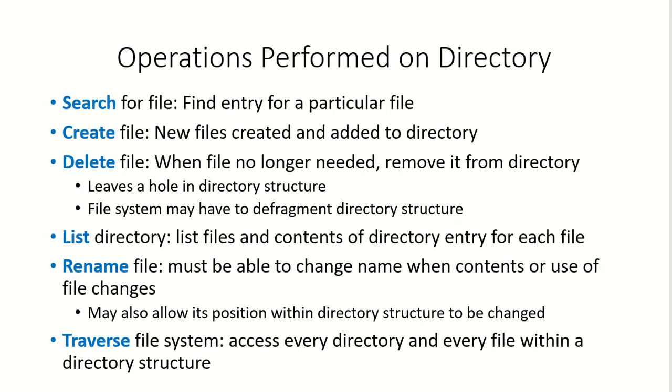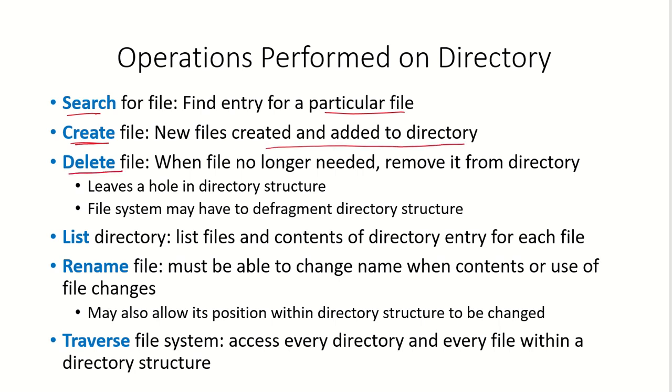So what are the operations which are performed on the directory? We can search for a file, that means we can find the entry for a particular file if we are given the file name. Given the file name, the directory can be searched to look for that particular entry of that file. A new file can be created and the information about that file can be added to the directory.